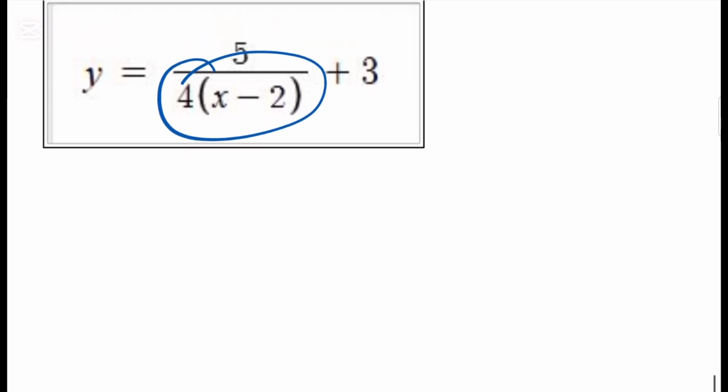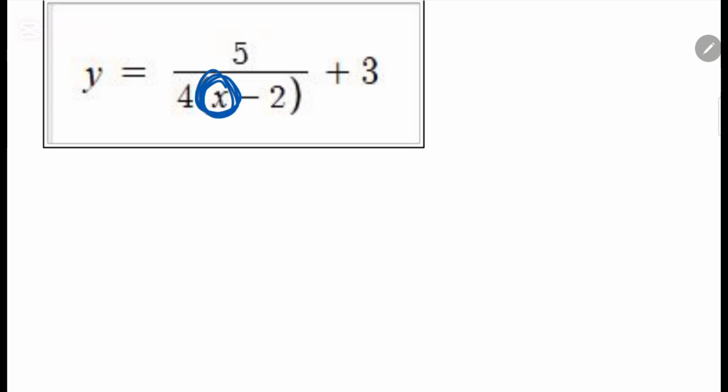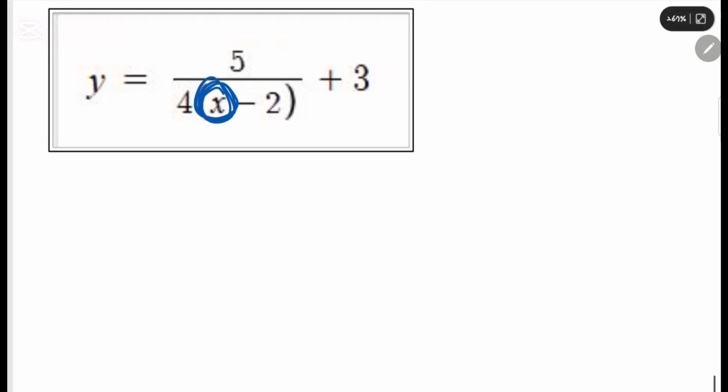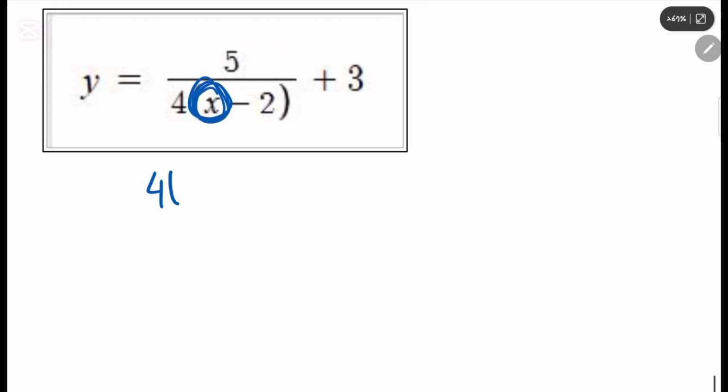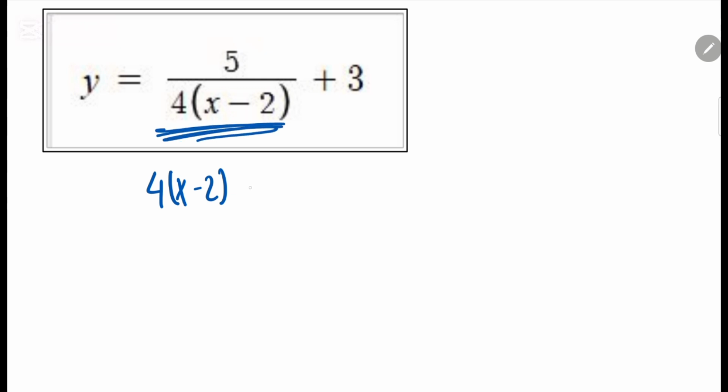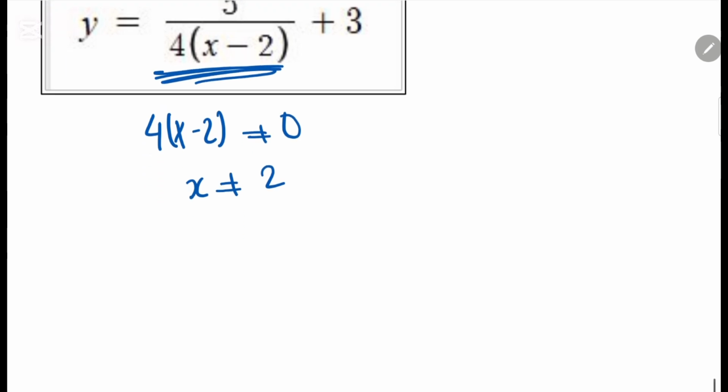So we're just making sure that we find the asymptote by finding at what x value would make this function undefined. So we can do that by setting 4x minus 2, the whole denominator, not equal to 0, solve for x, and your vertical asymptote is found.